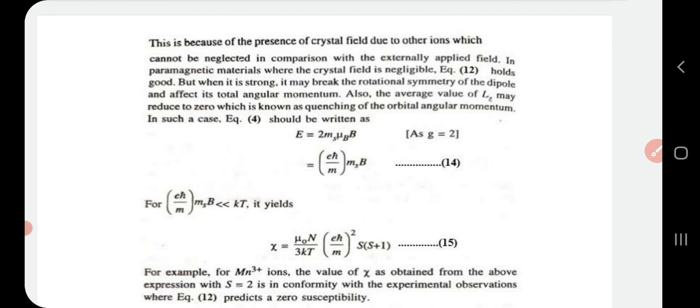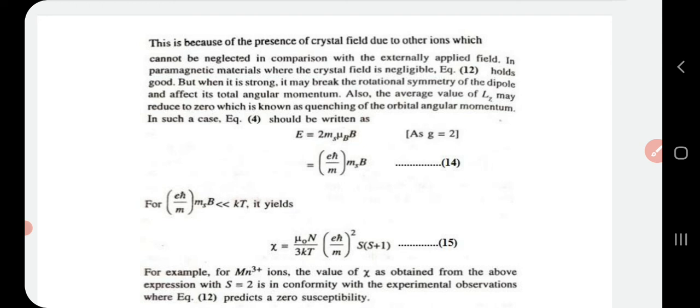That is called quenching of orbital angular momentum. So these are some factors that hinder us from the use of the equation to calculate susceptibility of ions of the iron group.